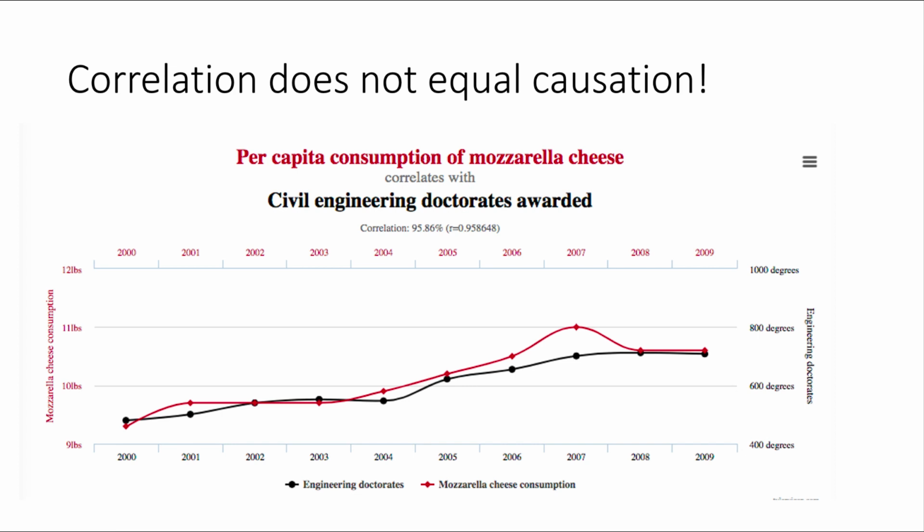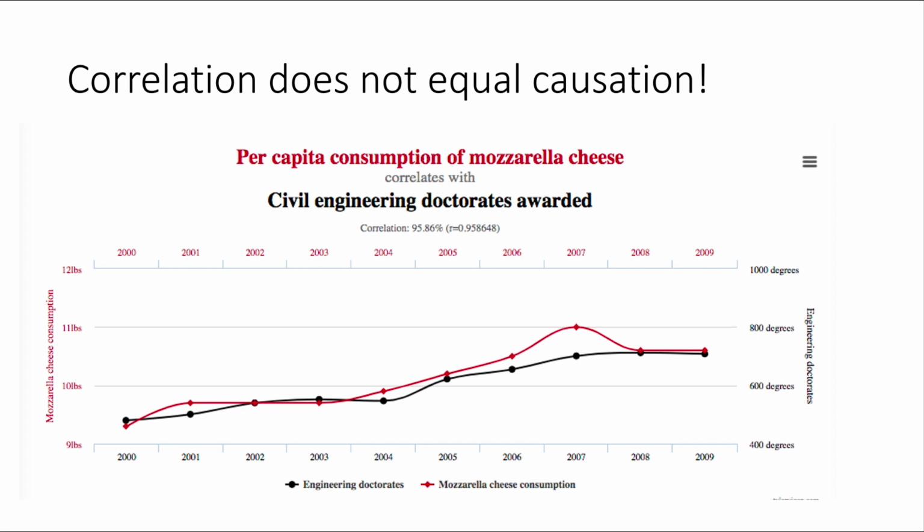So our example here is a scatter plot. There are also lines drawn between the points, but the y-axis is mozzarella cheese consumption per capita, and the x-axis is civil engineering doctorates awarded between the years 2000 and 2009.